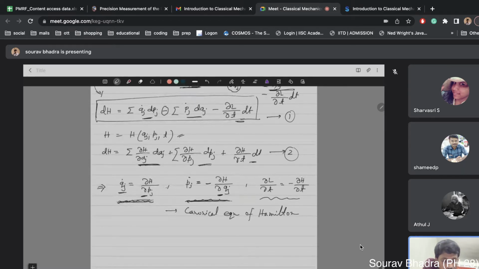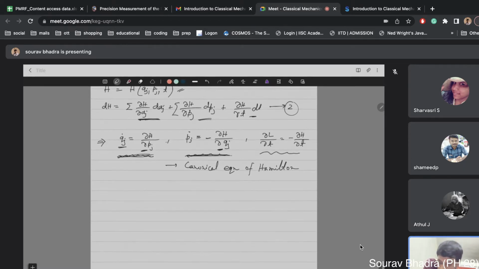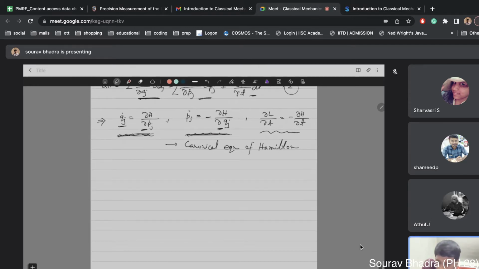Now let us suppose a situation, so it is an example, where a particle moves under the influence of a central force.